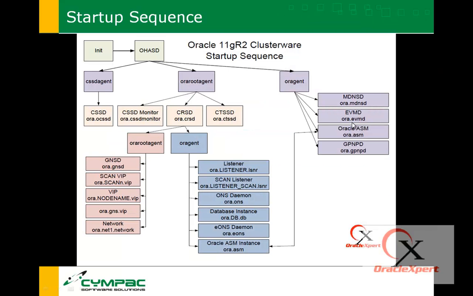So let's first understand the startup sequence. Now I am revisiting this topic which we have already done, but since it was not recorded anywhere, I thought of putting this one slide discussion to understand the startup sequence for 11G release 2 grid infrastructure software, the clusterware.